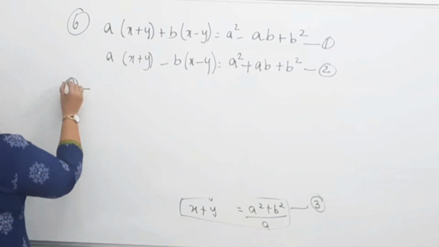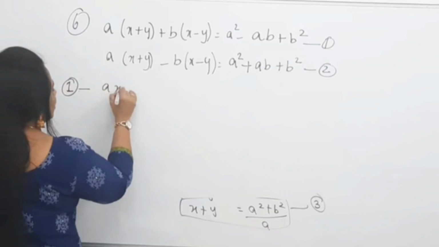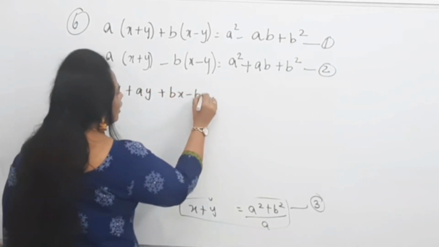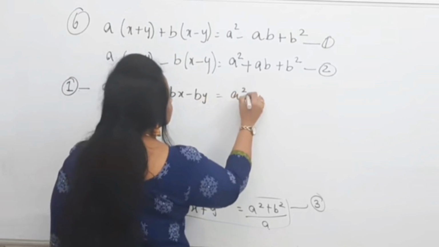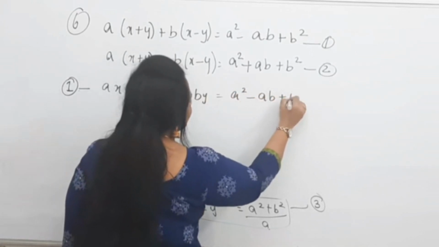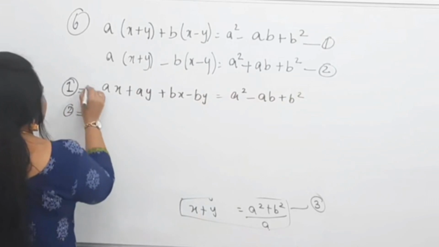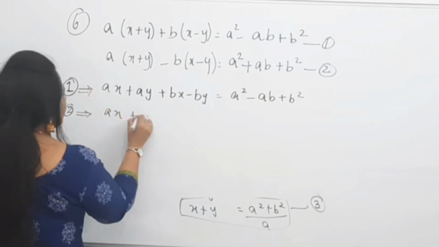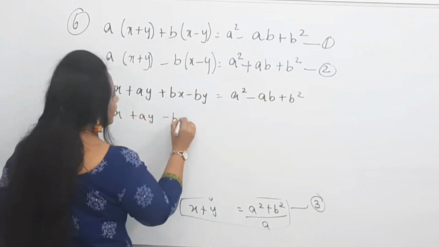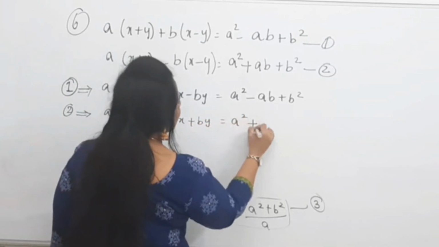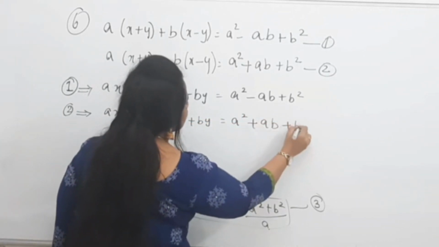That means equation 1: ax plus ay plus bx minus by is equal to a square minus ab plus b square. Equation 2: ax plus ay minus bx plus by is equal to a square plus ab plus b square.